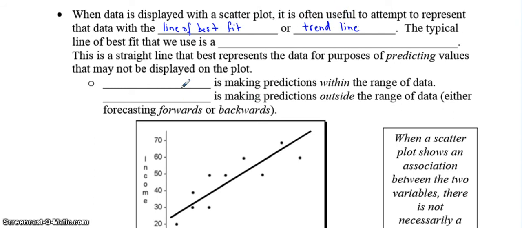There are different types of lines of best fit, but the typical line of best fit that we will use is called a least squares line. This is a straight line that best represents the data for purposes of predicting values that may not be displayed on the plot.